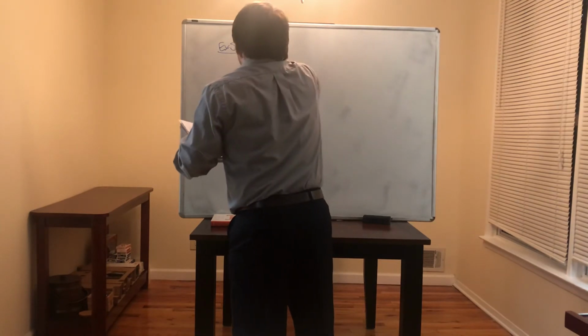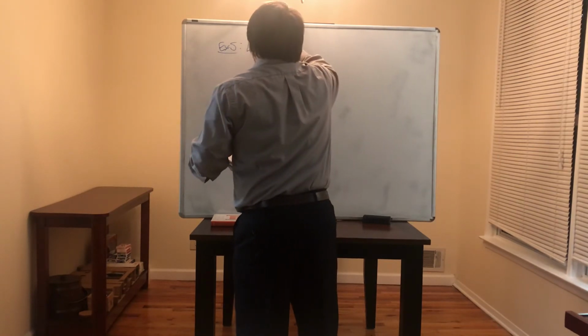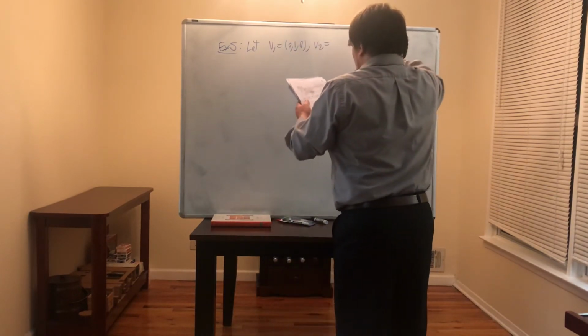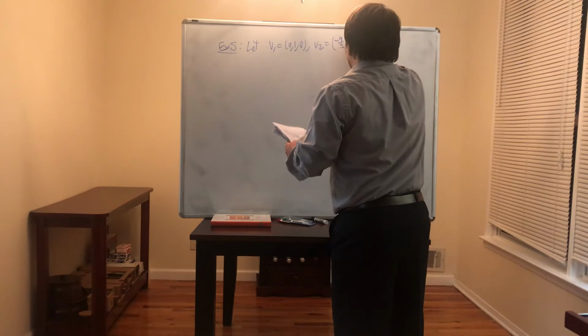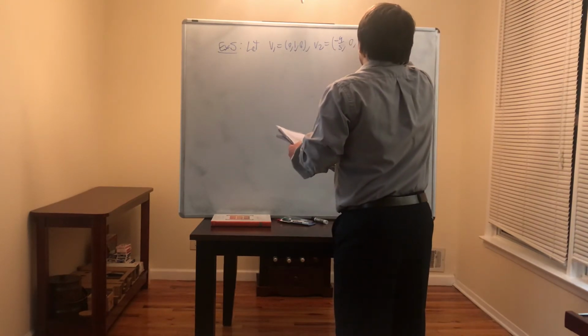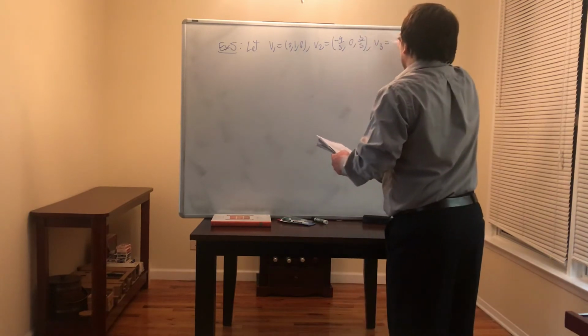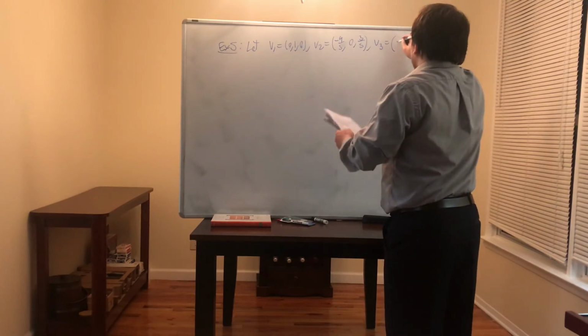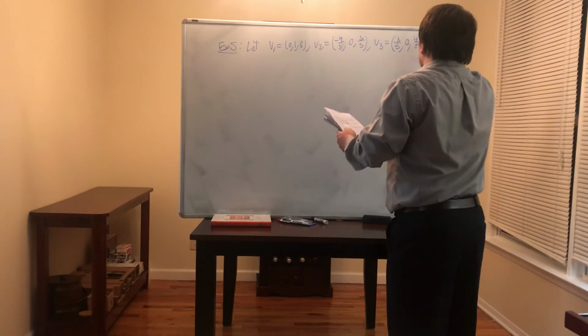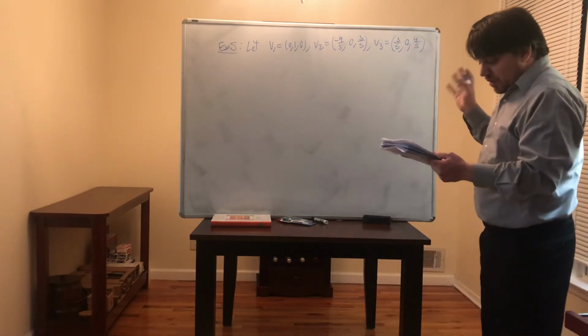Okay, so example 5. Let v1 equal (0, 1, 0), v2 equal (-4/5, 0, 3/5). Okay, so v1, v2, and v3 are those vectors.